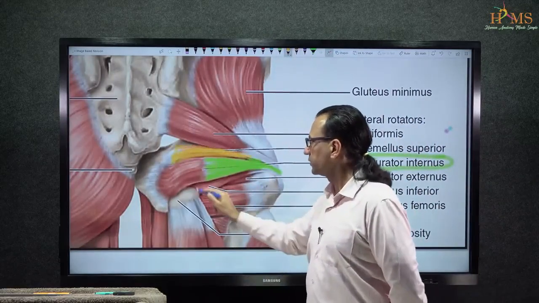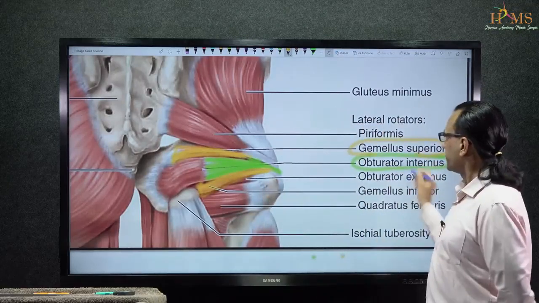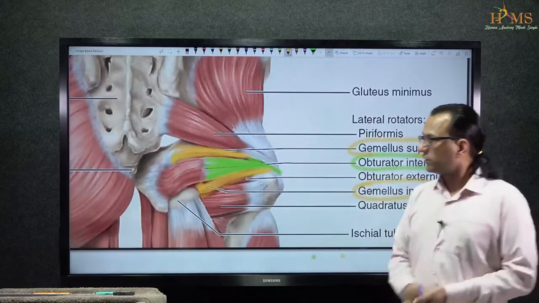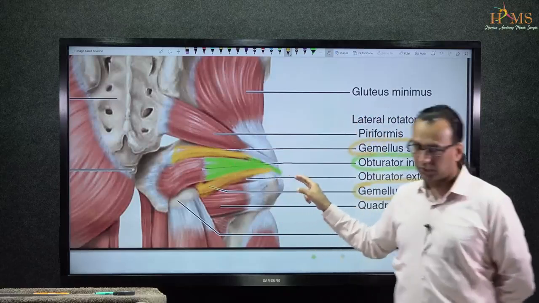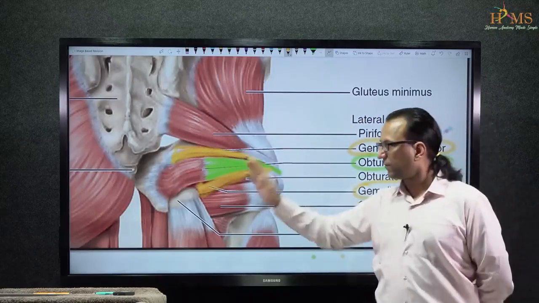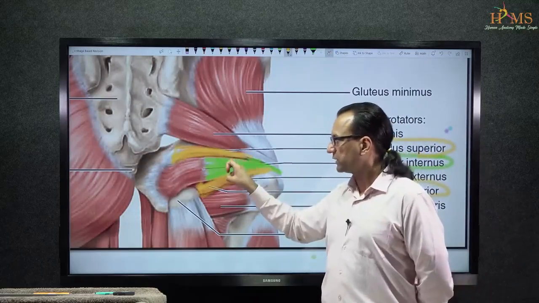So this is superior gemellus and this is the inferior gemellus. Identification is just searching for a tendon, and that is the tendon of obturator internus attaching to the femur bone. All these muscles attach to the femur bone and rotate the femur; they are lateral rotators. So superior and inferior gemellus, twin muscles, you have found.